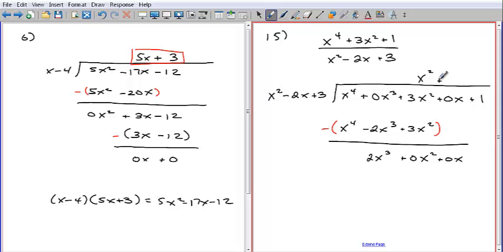So the next question is, what do we multiply x squared by to get x cubed? Well, the answer is 2x. 2x times x squared is 2x cubed. 2x times negative 2x is negative 4x squared. And 2x times 3 is plus 6x.